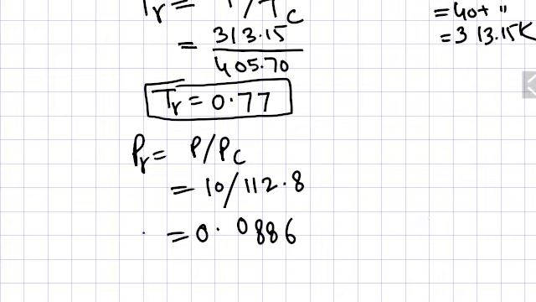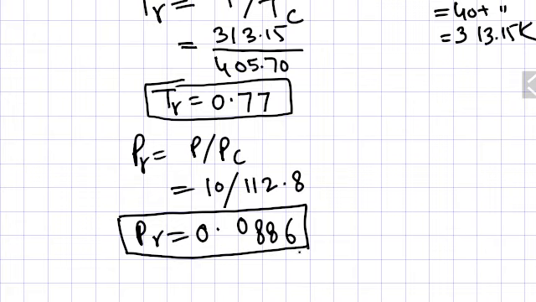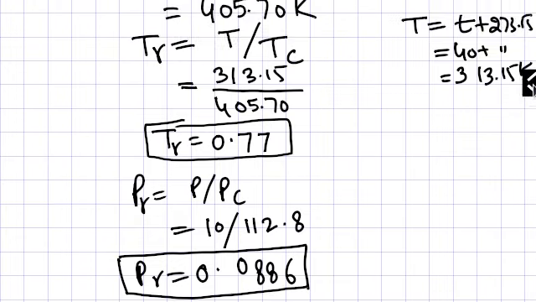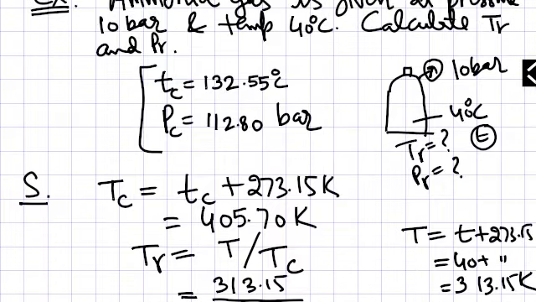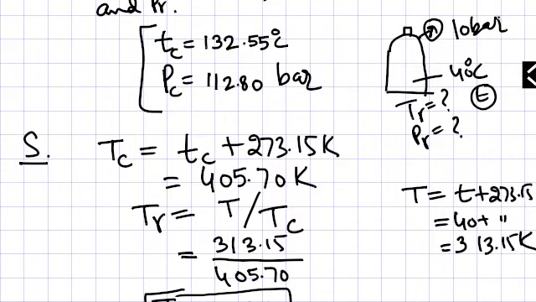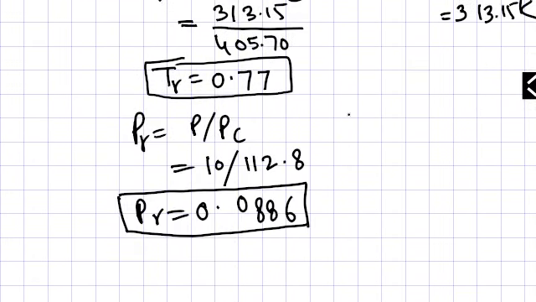And you see that it has no unit. That is also very important. So instead of showing the state with 10 bar and 40 degree centigrade, you can show the state with 0.77 and 0.0886.